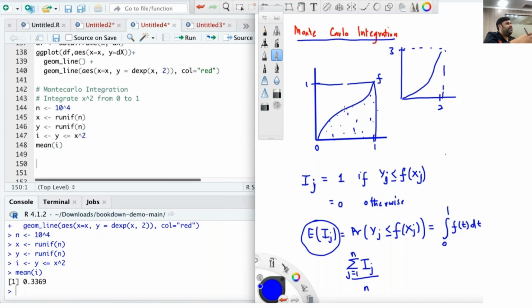Is that fine? Okay, and of course, here we are just using familiar functions, but you can do it for any. So let's say you want to integrate x squared from 0 to 2.